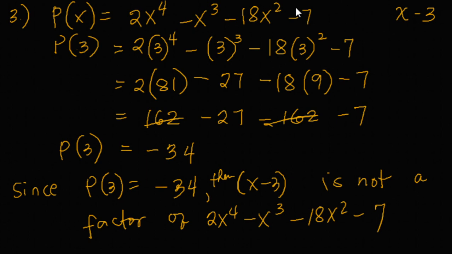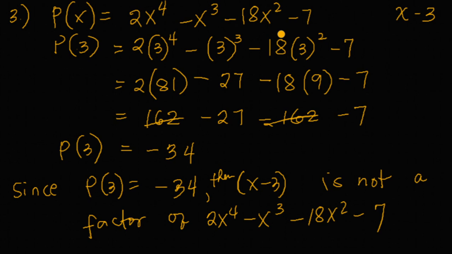I hope you learned something from this lesson. No? So again, let us recap. We have discussed about division of polynomials using either long method or synthetic division. And then we also discussed the remainder theorem.